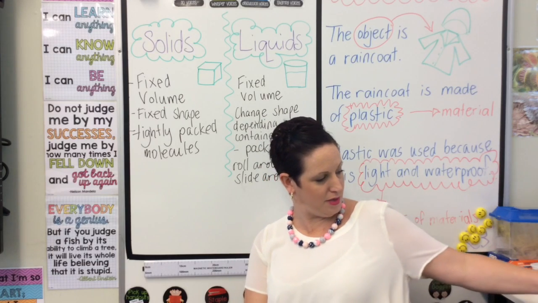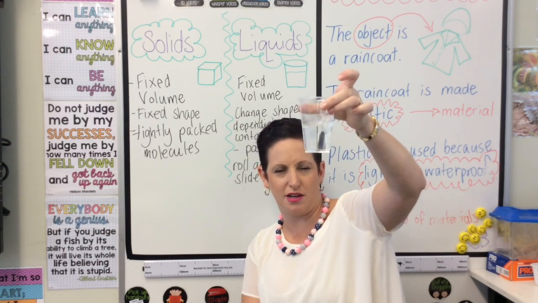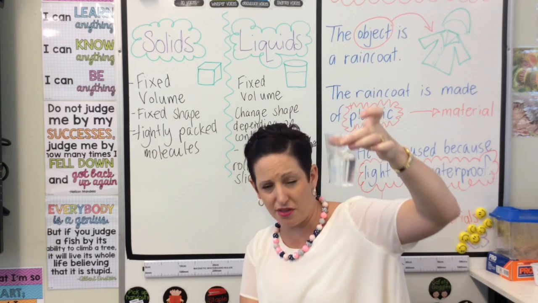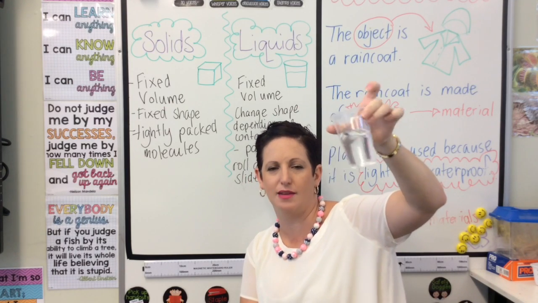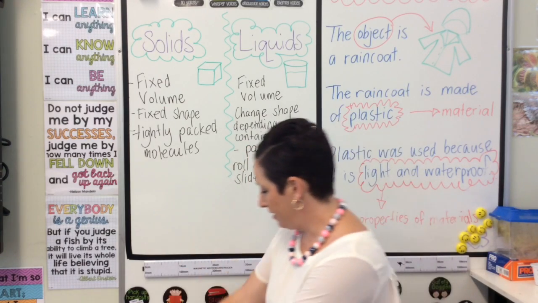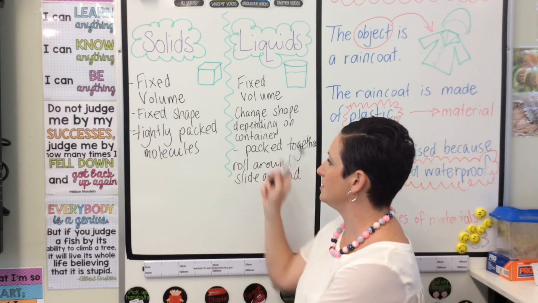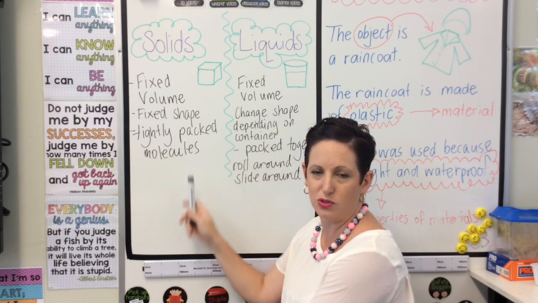So at the moment, the molecules in here are all moving around each other. Okay, they're still together, but they can move around. Okay, so a little bit tricky, but we're going to keep working on understanding this concept of molecules.